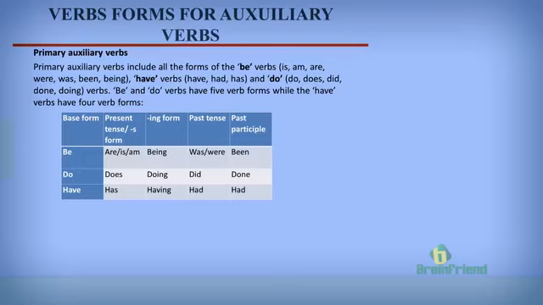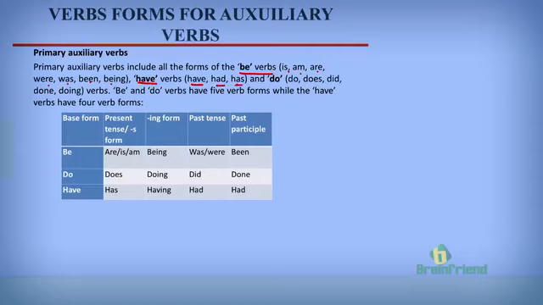Now, primary auxiliary verbs include all the forms of the be verbs, that is, am, are, is, were, was, been, and being. Auxiliary verbs also include the have verbs, which has its forms as have, had, and has.